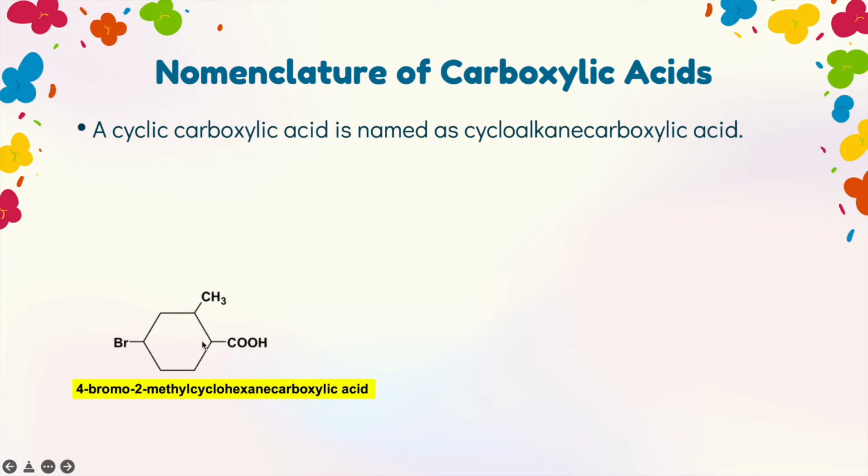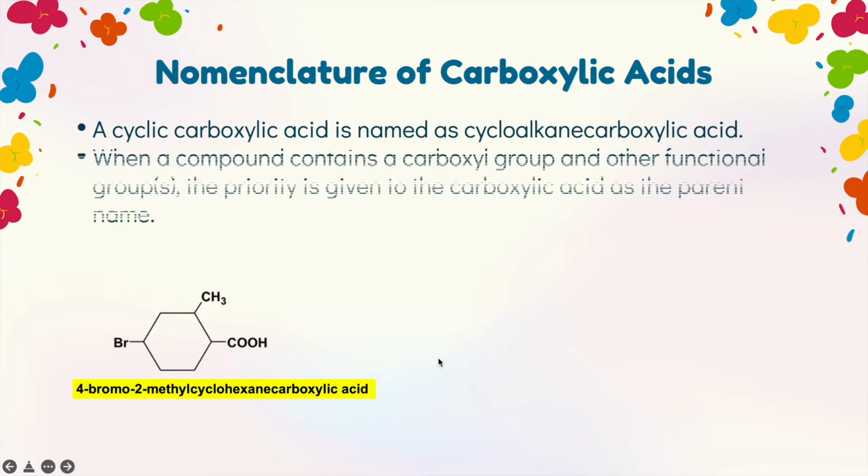In cyclic and aromatic compounds, carbon 1 is this carbon, not the COOH carbon. In a straight chain, C double bond O is carbon 1, but in a cyclic or aromatic ring, the carbon that is attached to COOH is carbon 1. So since this is carbon 1, methyl at carbon 2, bromo at carbon 4, the name is 4-bromo-2-methylcyclohexane carboxylic acid.